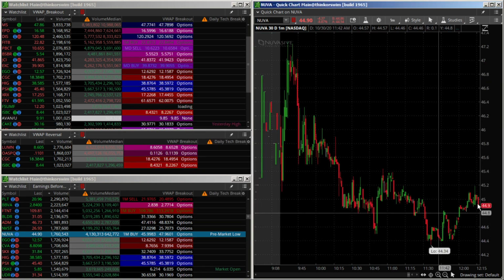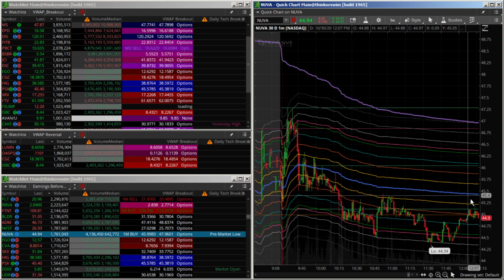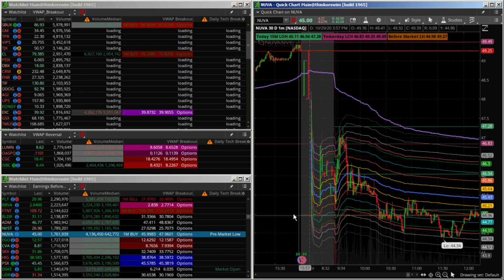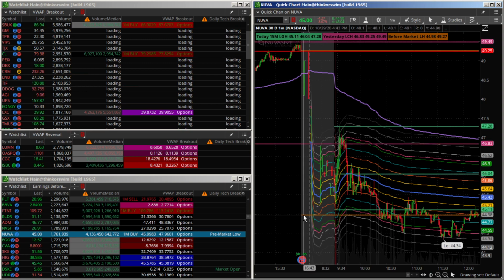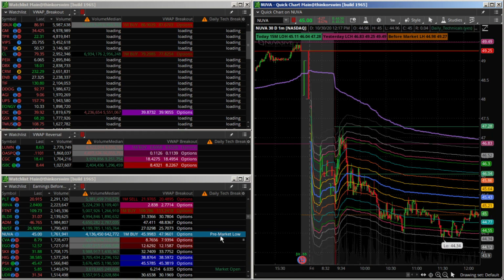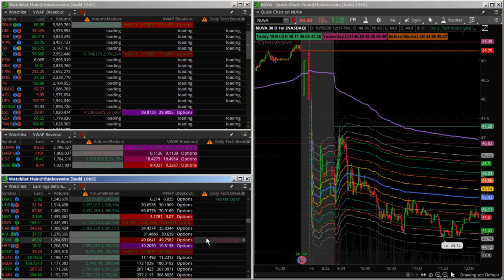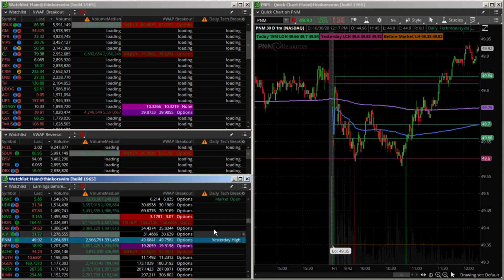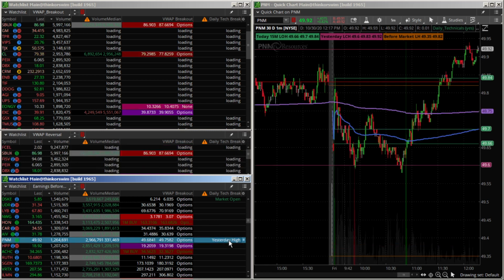So you'll see a brown line coming around here. It's going to here. So we have this brown line over here that shows us the pre-market low, and the price is crossing that value over here. So I have indicators for yesterday's high, yesterday's low, yesterday's close, the market open, the morning highs and morning's lows.